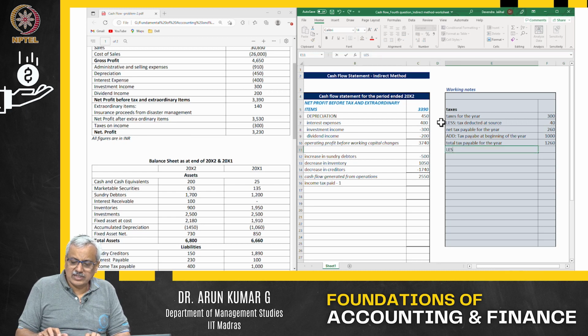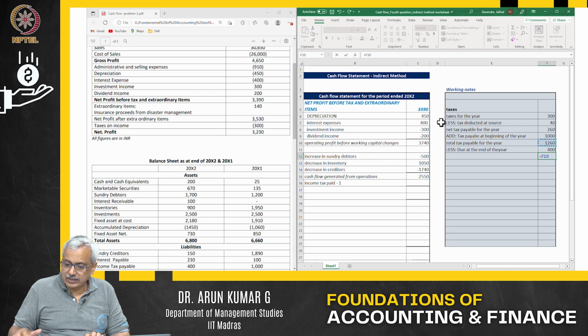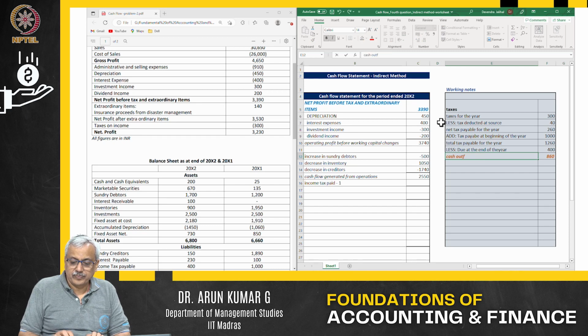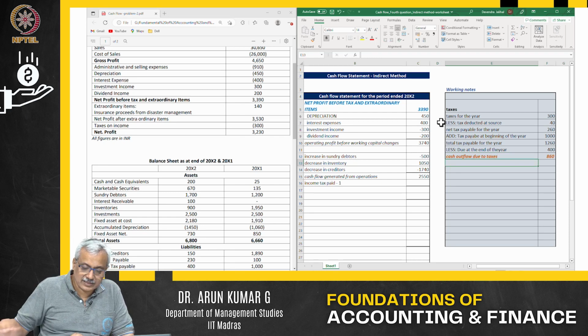That means you have obviously not paid. So due at the end of the year is about 400 in this particular case. So what is the ideal tax paid? The tax actually paid, the cash outflow due to taxes, is only $860 in this particular case.